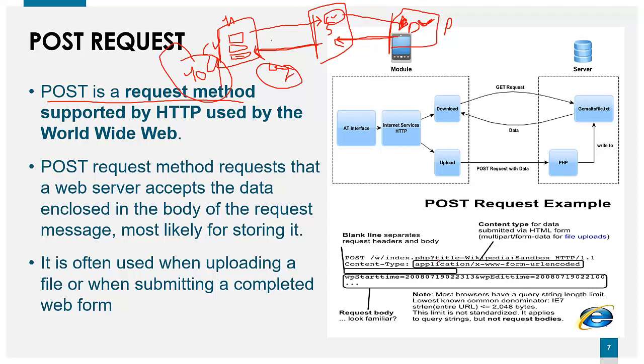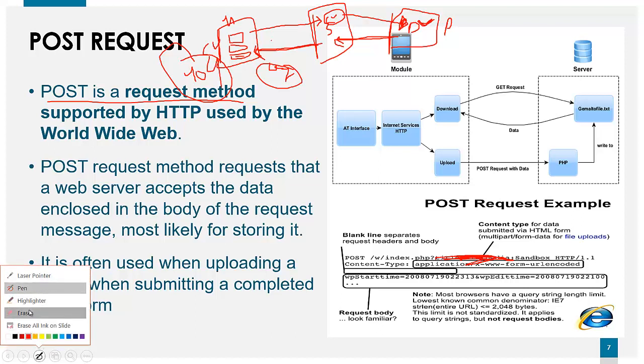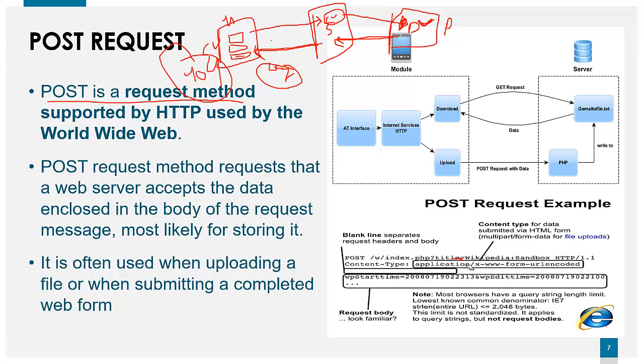See that. So here we did not send any URL. The URL will be sent by itself, but it is not showing in the browser. Why is it not showing in the browser?